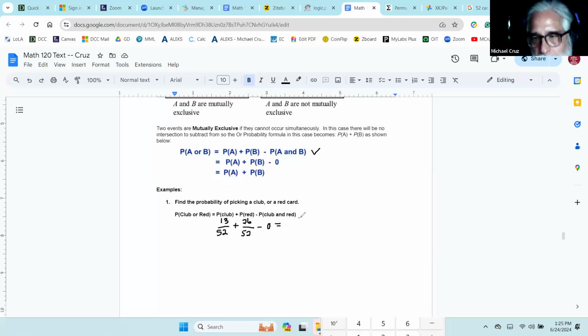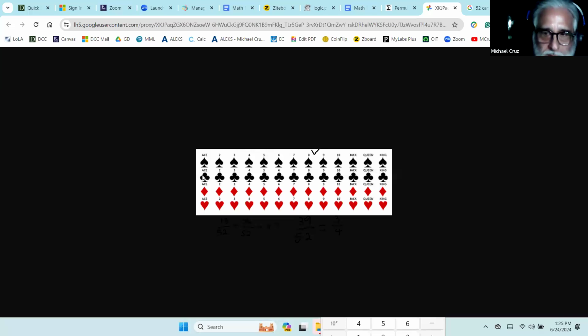So this is going to be 39 over 52, which is 3/4 of the deck is club or red. And you can see that there. So club is 13 of them, and 26 of them are red. The only ones that are not included are the aces.